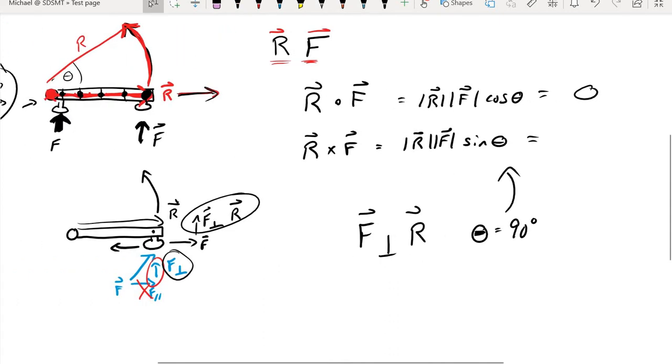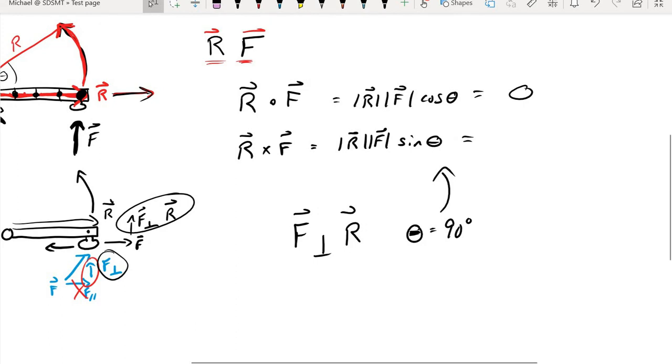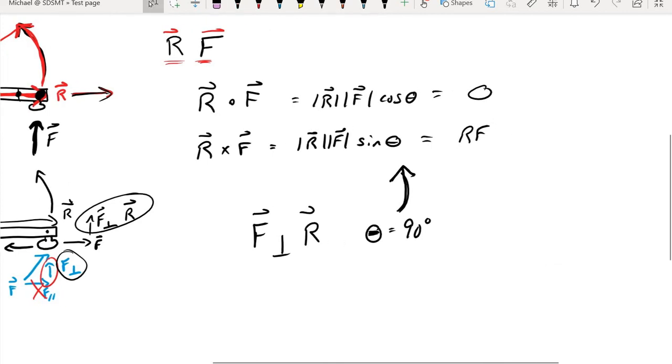Yet we already know from experience that pushing perpendicular into the door works very well to produce that rotation. Well, if we take the same angle of 90 degrees and we plug it into the cross product relationship, sine of 90 is 1, and we get a value of r times f.